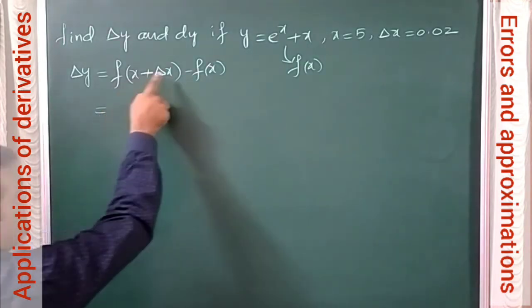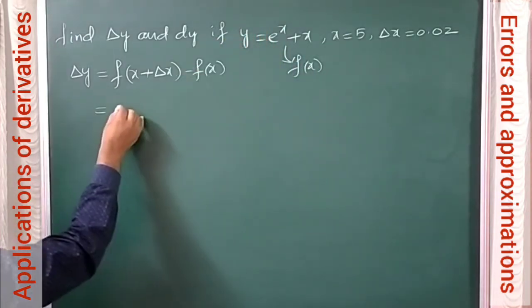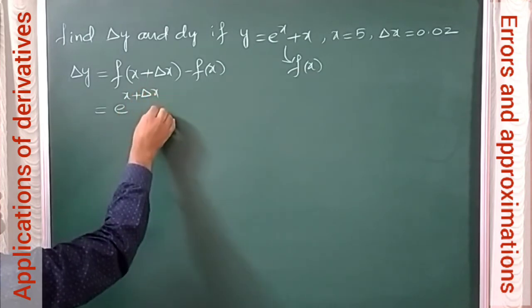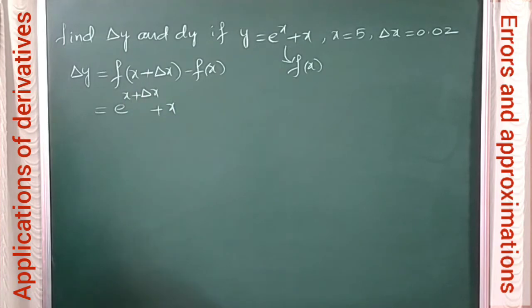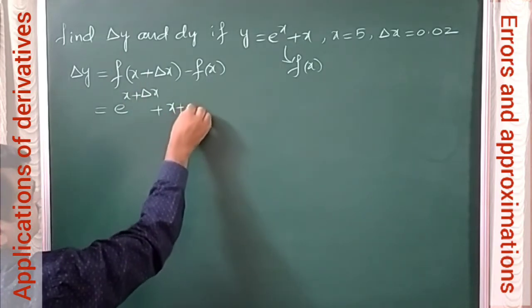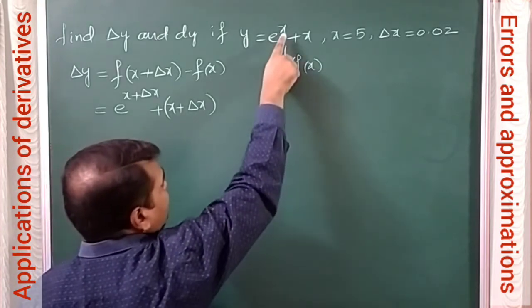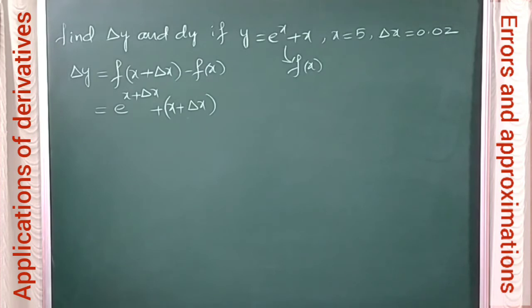So f of x plus delta x means instead of x write x plus delta x. So e power x plus delta x plus x. This is f of x plus delta x. Just instead of x, we have to write x plus delta x.